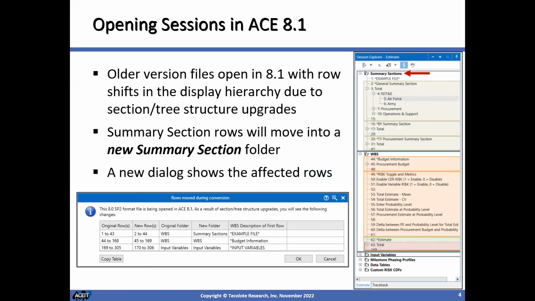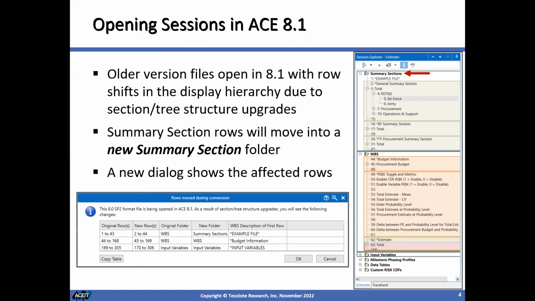This is connected to some of the changes that we've made with the sections and the tree structure, which I will talk about in a little more detail along the way. But I want to message this so that it's not unexpected when you first take an existing file and open it in 8.1. It's going to explain that possibly some of the rows may shift.